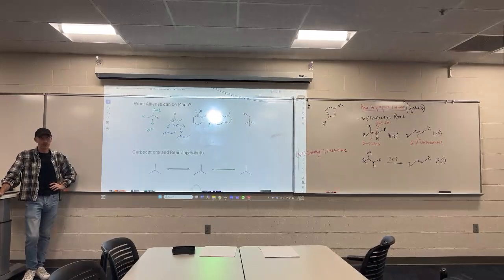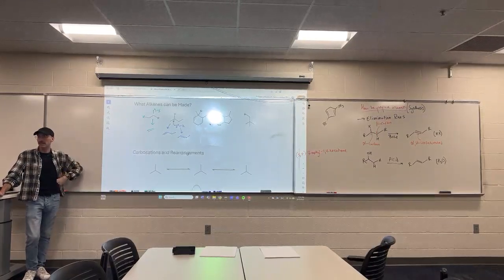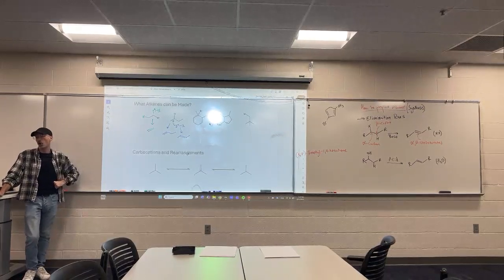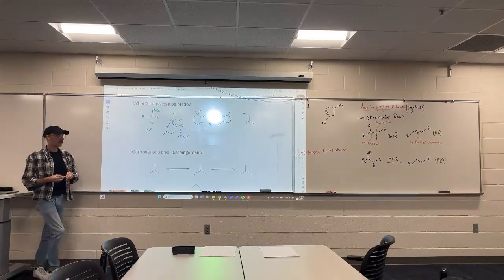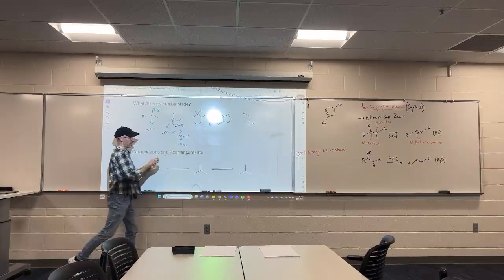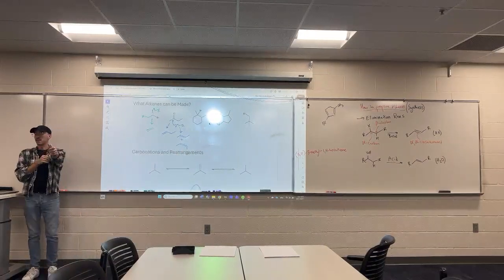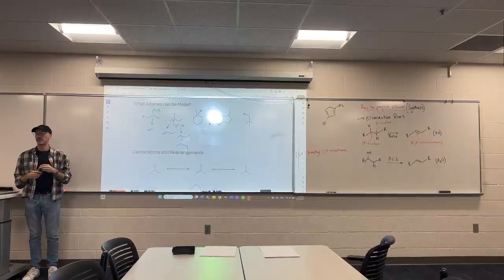Would I only be able to form the E alkene, or is it possible I could also form the Z alkene? This molecule is able to rotate. If it's able to rotate, that means it might form an alkene from a different conformation, which leads to a different stereoisomer.